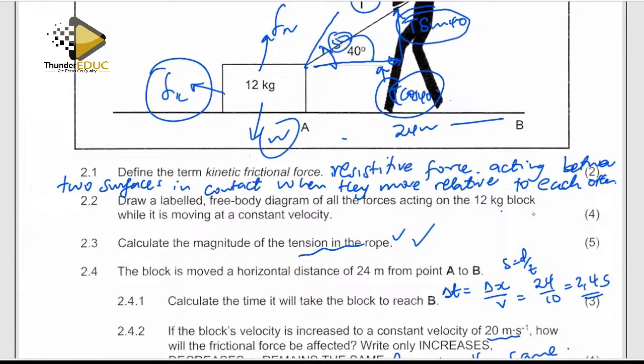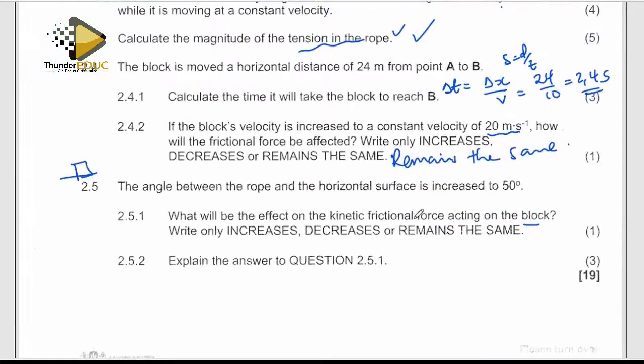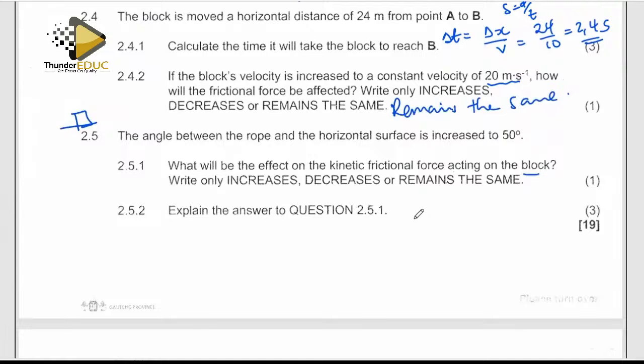Let's see. Between the cos of 40 and the cos of 50, which one is bigger? The cos of 40 is 0.766, and the cos of 50 is 0.64, meaning that increasing the angle will decrease the normal reaction. And if the normal reaction is decreased, the frictional force will also decrease. So this is going to be a decrease.